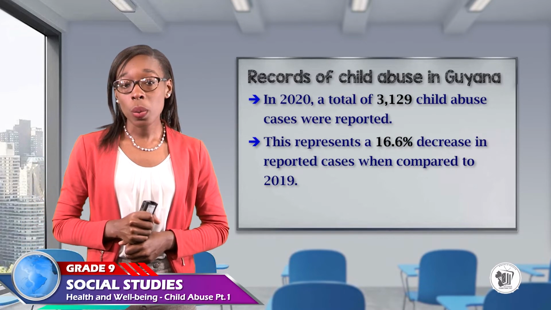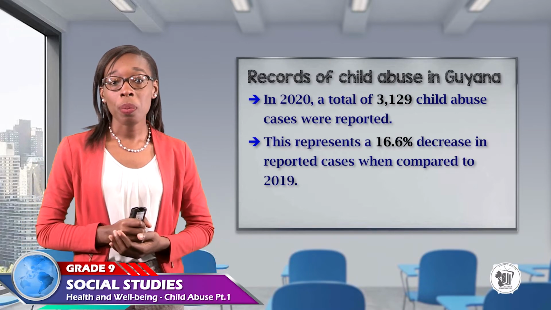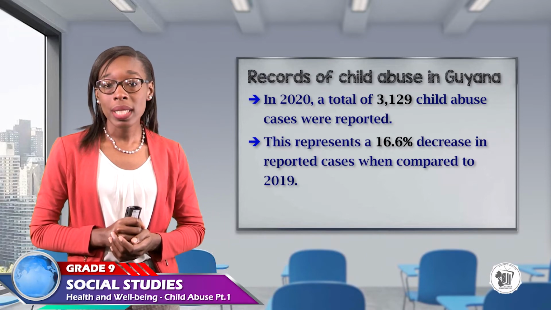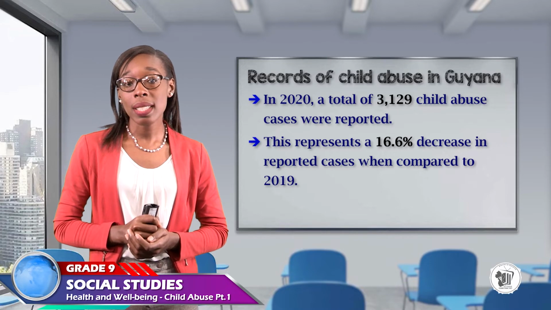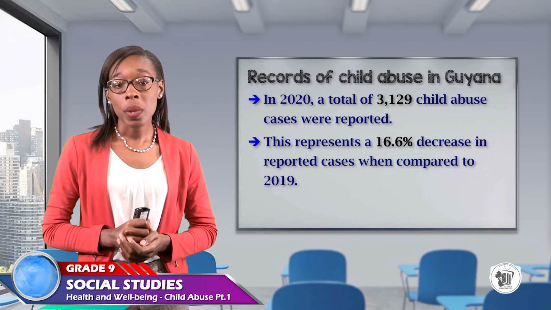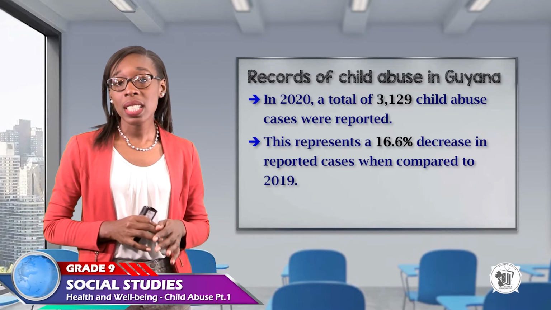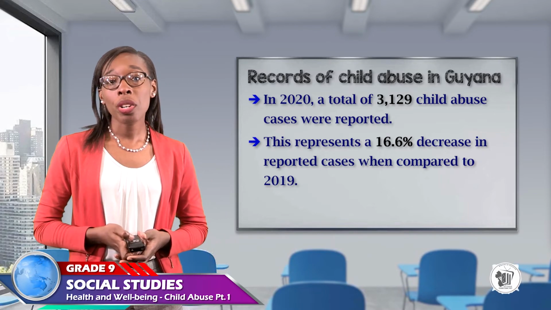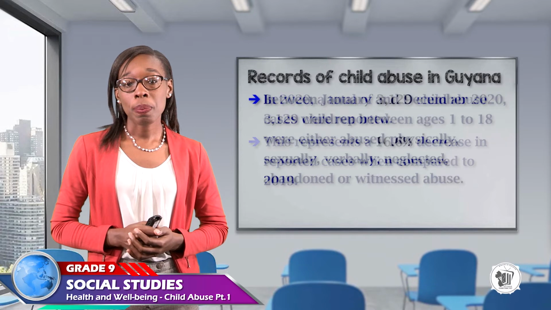In the year 2020, which was only last year, a total of 3,129 child abuse cases were reported. This represents a 16.6 percent decrease in reported cases when compared to 2019.